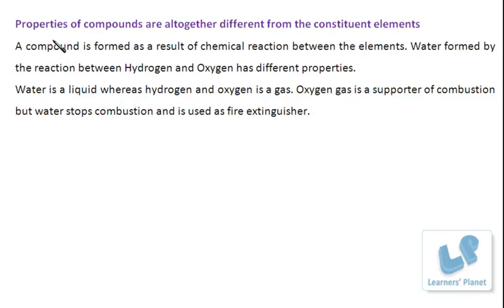The next characteristic is, the properties of compounds are altogether different from the constituent elements. Say, I can take carbon and oxygen, the reaction which we took, CO2. Now here, students, carbon is solid, oxygen is a gas, and it is forming CO2 gas.